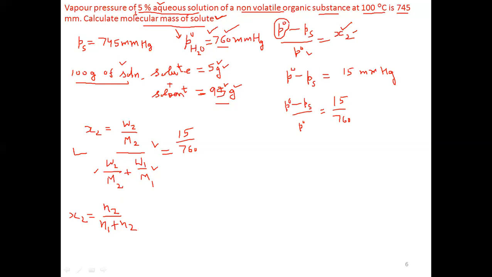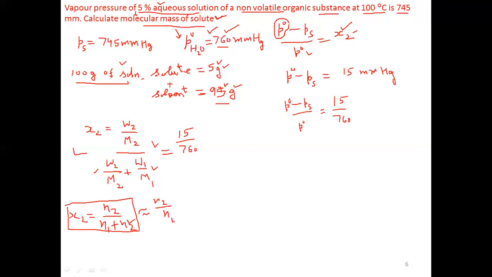Now, if you remember well, in our derivation of relative lowering of vapor pressure, we assumed that if the solution is dilute, then we can neglect the N2 term from the denominator, then it becomes equal to N2 by N1.